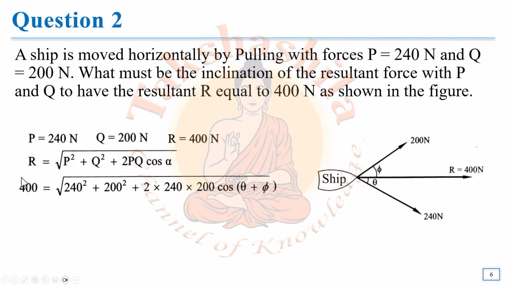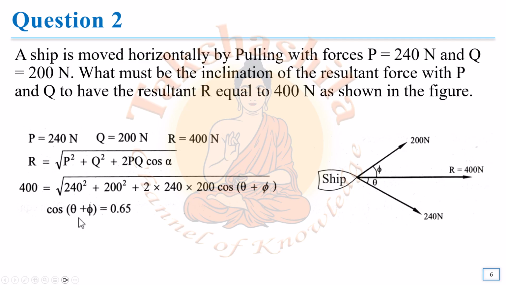Now we can square both sides. On the left hand side, we will have 400 square. On the right hand side, we remove the square root and we get 240 square plus 200 square plus 2 times 240 into 200 cos of theta plus phi. From this, I can simplify and get the value of cos of theta plus phi.